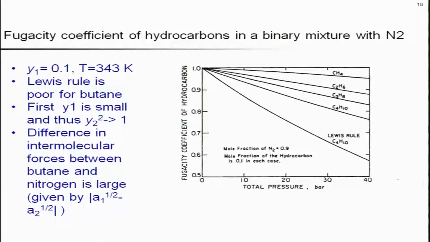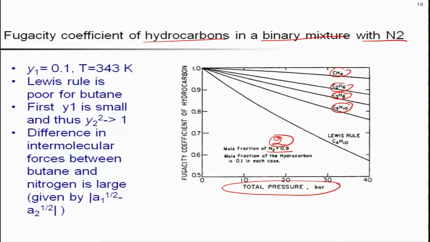So, let us take an example here. This is an example of the fugacity coefficient of hydrocarbons in a binary mixture with nitrogen, N2. What we have is the fugacity coefficient of hydrocarbon as a function of total pressure for different hydrocarbons. Here, nitrogen is 2 and hydrocarbon is 1.